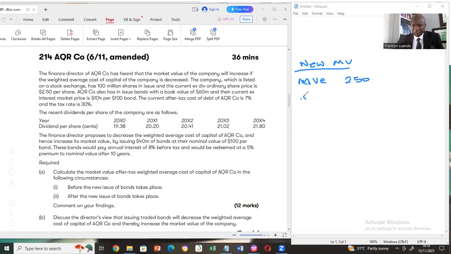The market value of debt 1 was 2.4. Market value of debt 2, the market value is given as 40.